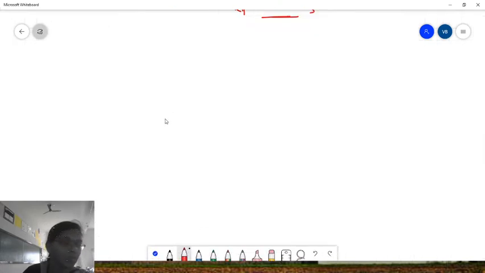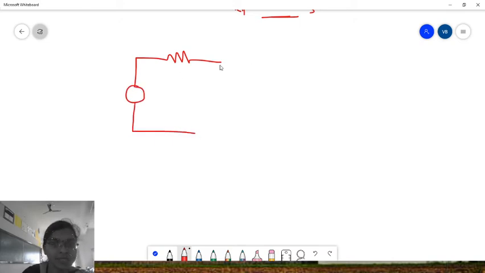First I am going to take one network, which I am drawing here. It has a source of 50 volts and a resistor, two resistors connected here, and another resistor connected here. Here I am going to connect a source and a resistor, and again a source.